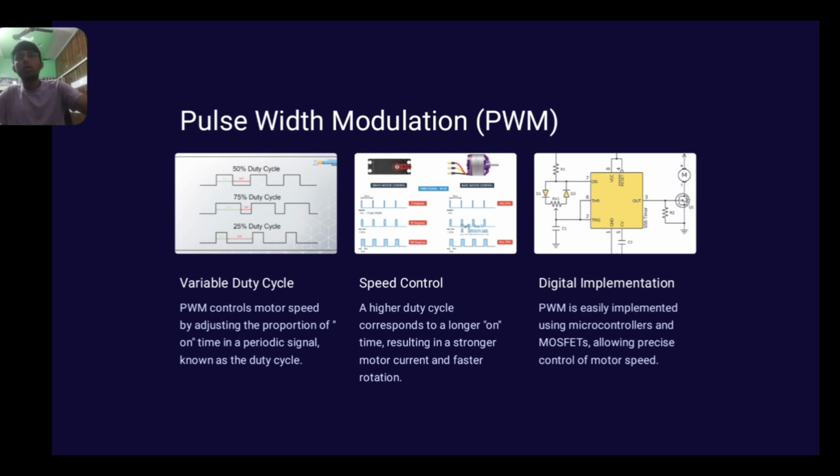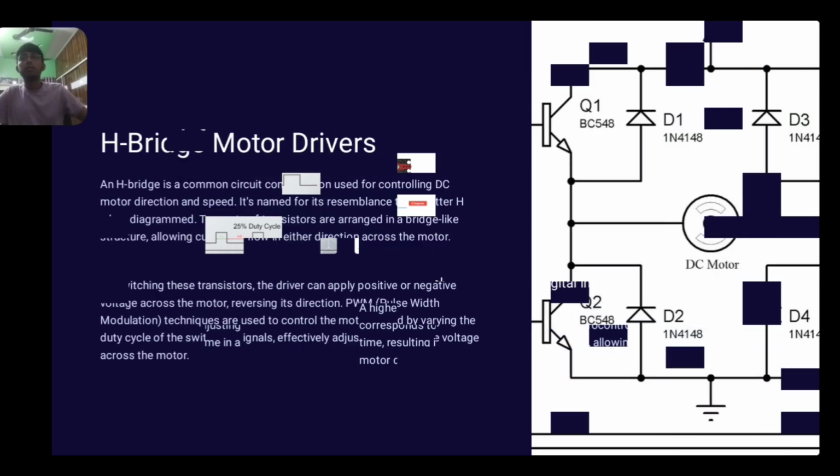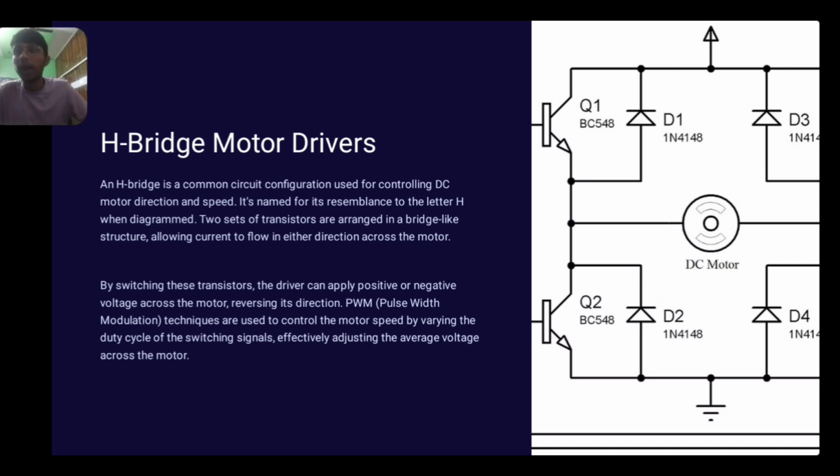Then let us move on to the H-bridge motor drivers. An H-bridge is a common circuit configuration used for controlling the DC motor direction and speed. It is named for its resemblance to the letter H. When diagrammed, two sets of transistors are arranged in a bridge-like structure, allowing current to flow in either direction across the motor.